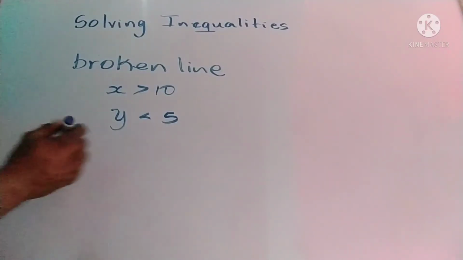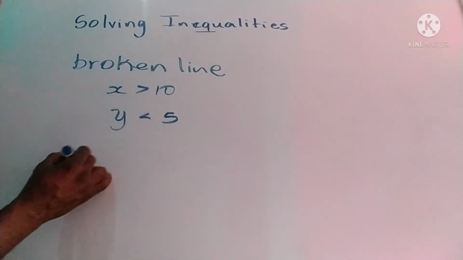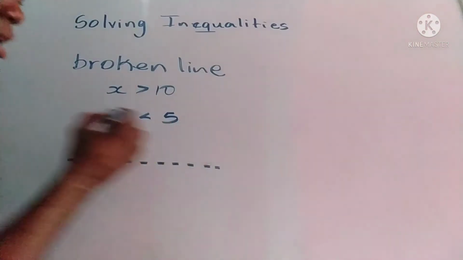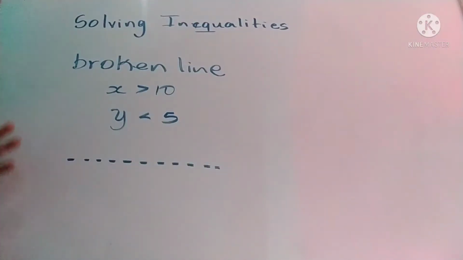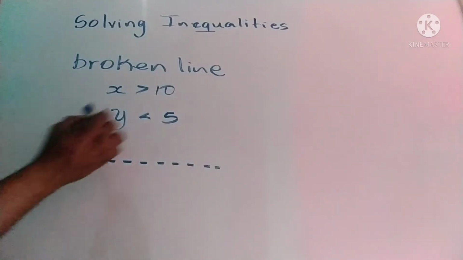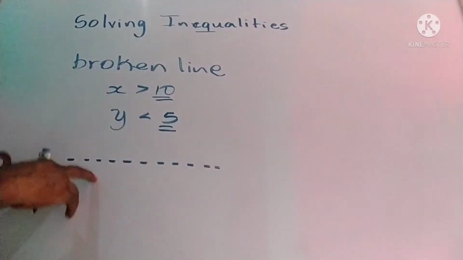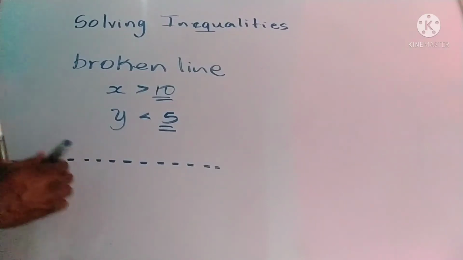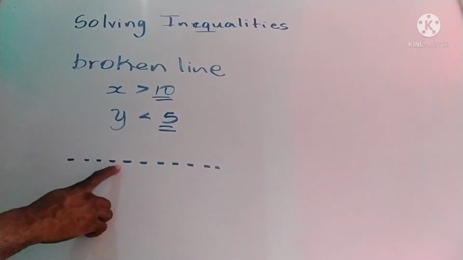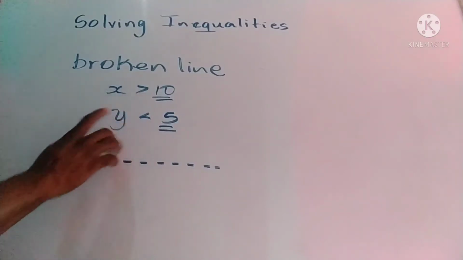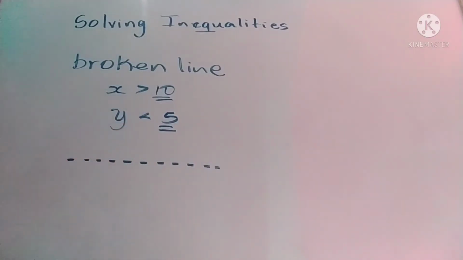And so in cases like these, we would use broken lines. If we were to graph them, we would use broken lines to represent these, because these numbers are not a part of the solution set. Broken lines are used when you're using greater than or less than, with no equal to.